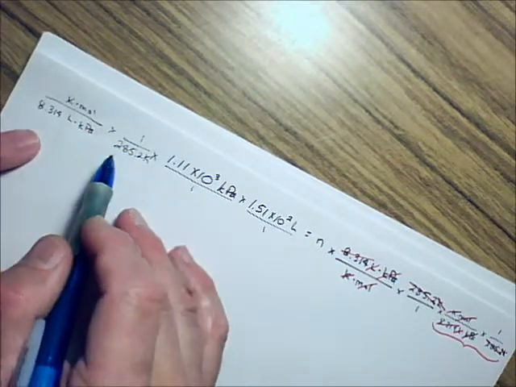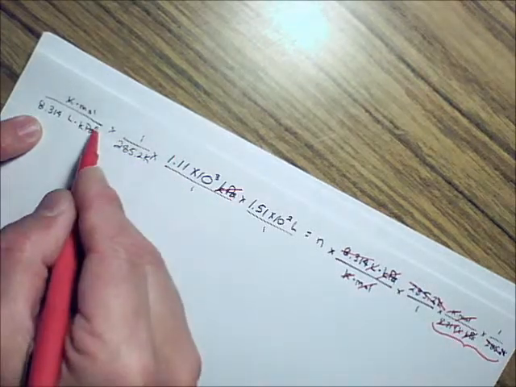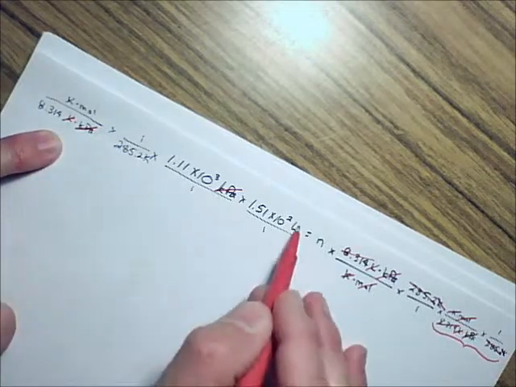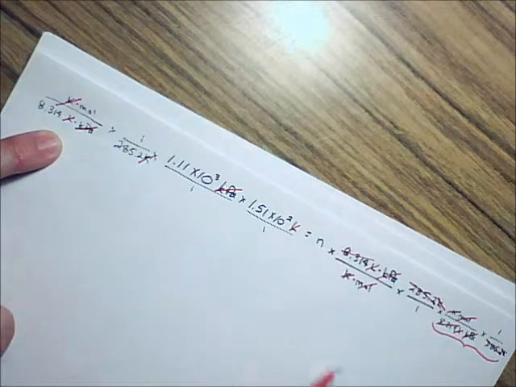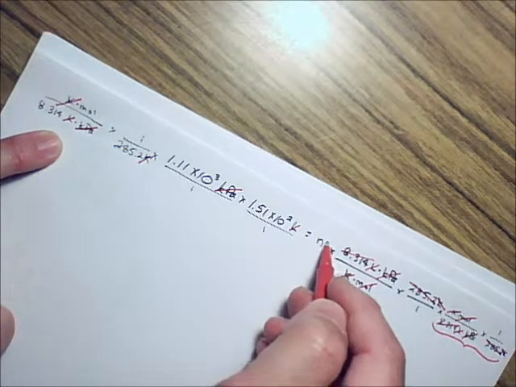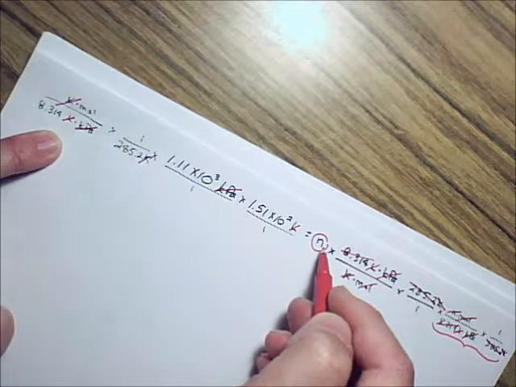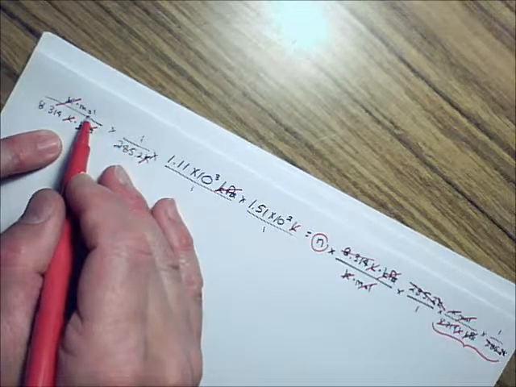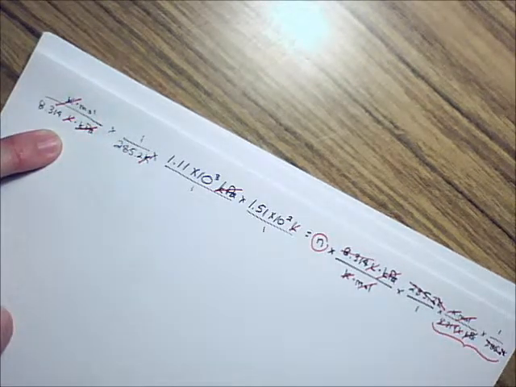This allows me to see that I can cancel these kilopascals here and here, these liters here and here, and Kelvin here and here. When I cancel all those things, I've got N for the amount of substance, and moles over here, and moles is what measures the amount of substance. So I've probably set my math up correctly.